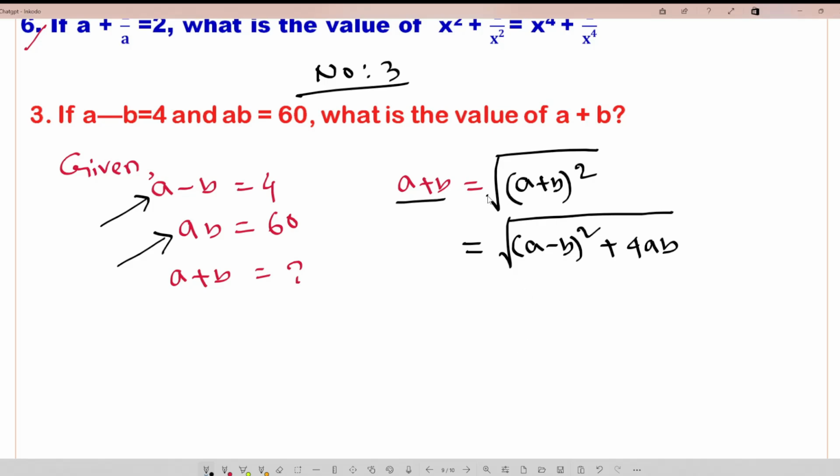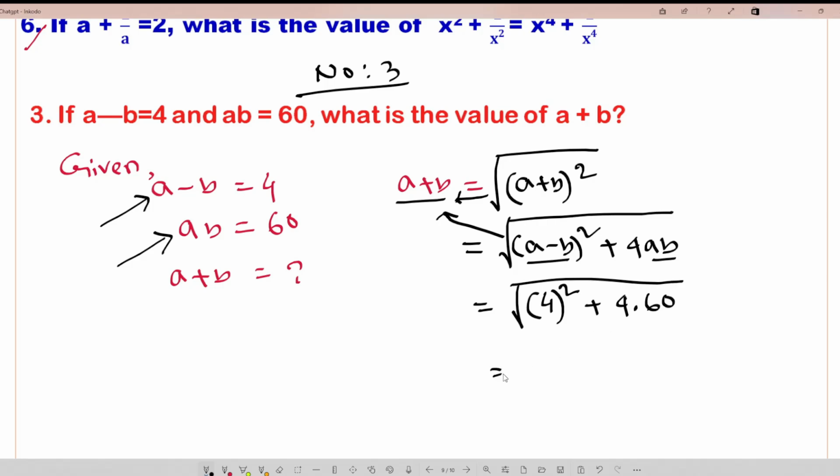Now look, a minus b we have the value 4, so 4 square plus 4 times ab, it means 60, under the root. Now look, here is 16 and here is 60 plus 4, it's 64, right?